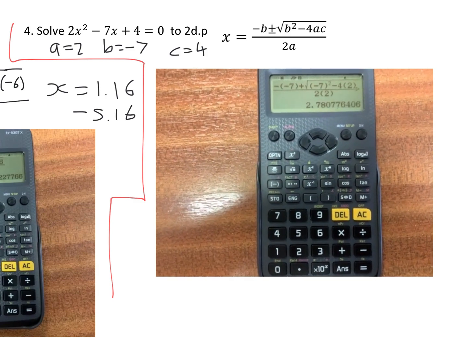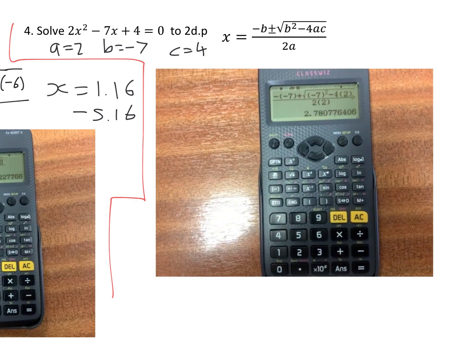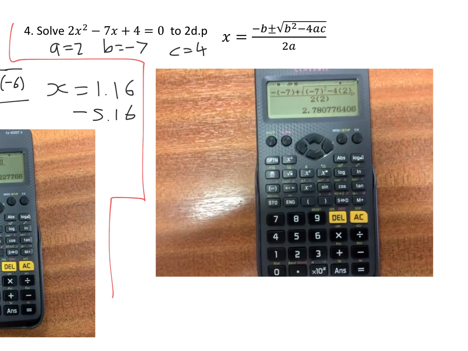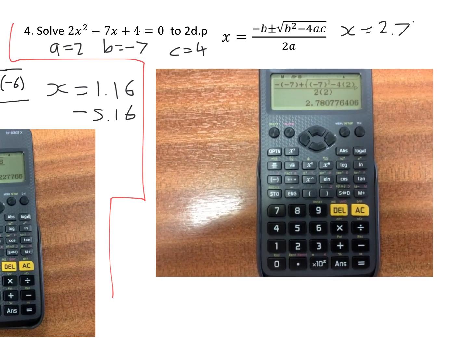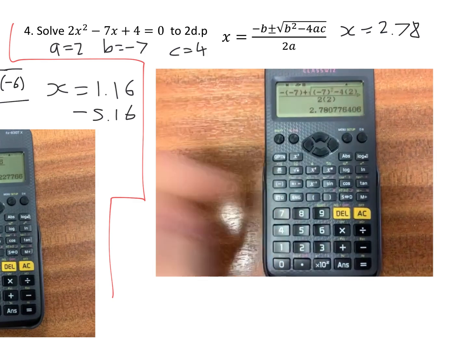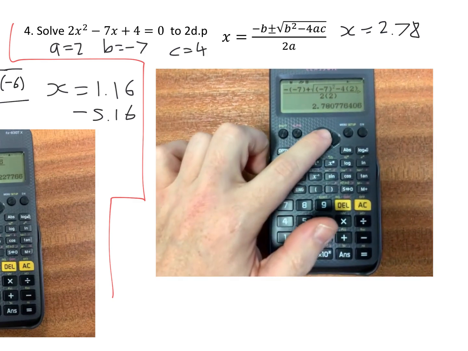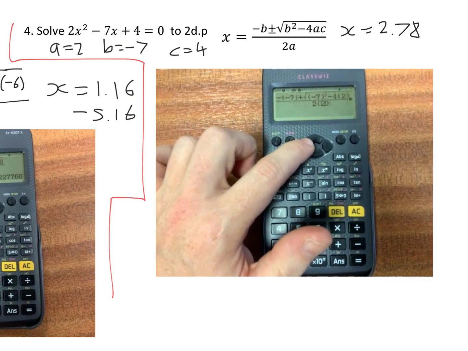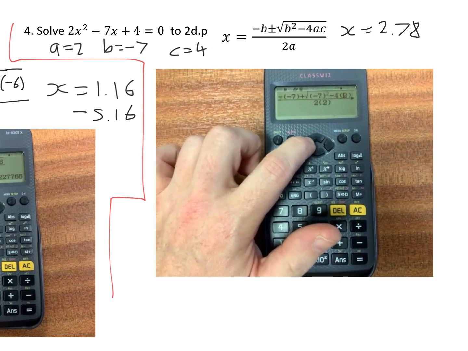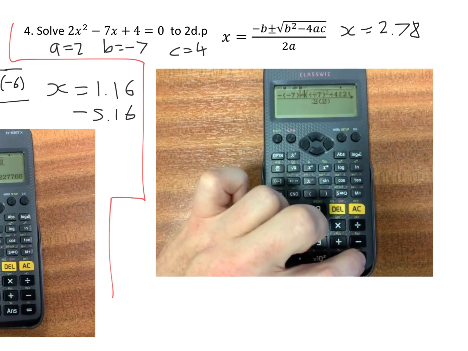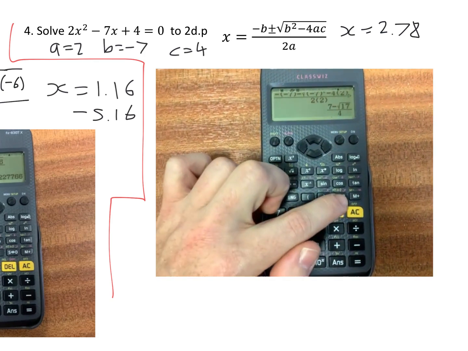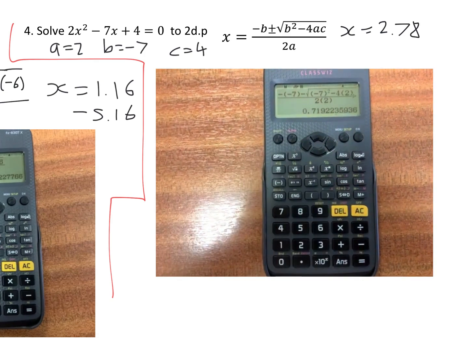So x equals 2.78. If I go through and hit this button, search through, find the plus sign, change it to a minus, and we get 0.719.